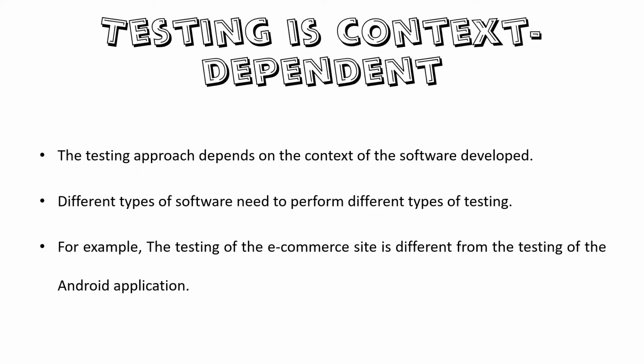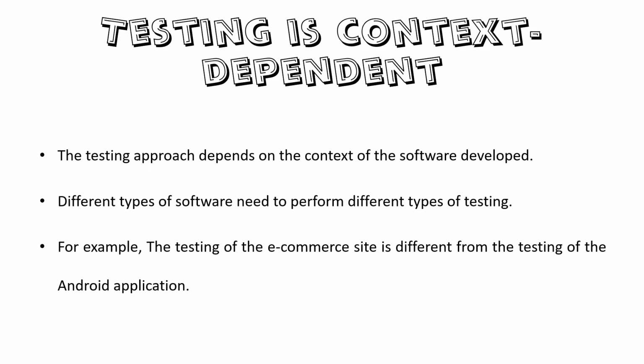Why? Because the software will be used only at the time of publishing the results. In one day or half a day, most of the people will be hitting that site. So we need to concentrate more on stress and load testing rather than automation testing. That concept is known as testing is context dependent.